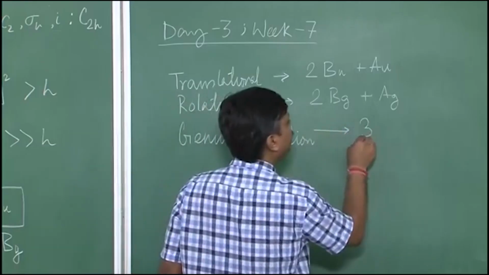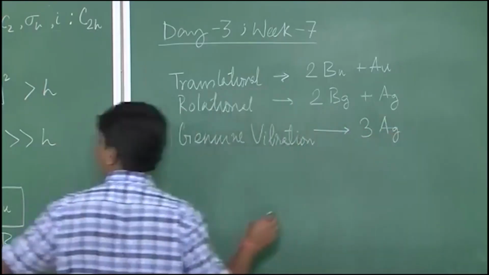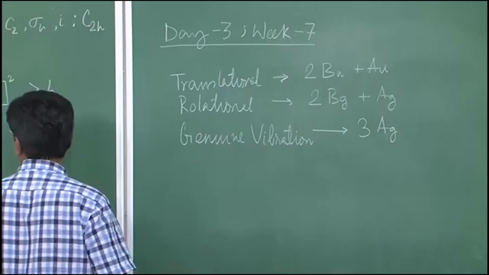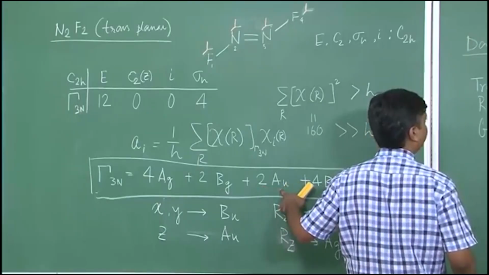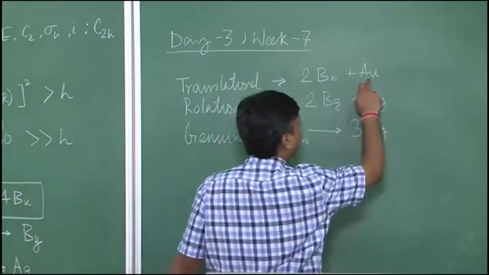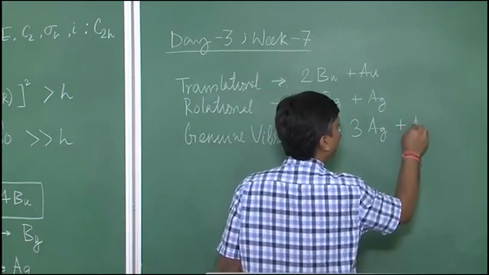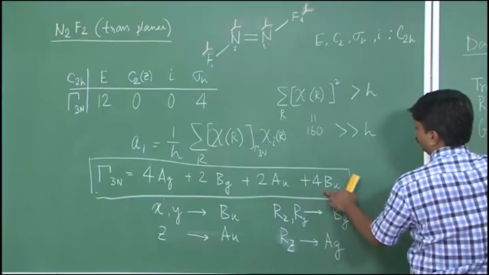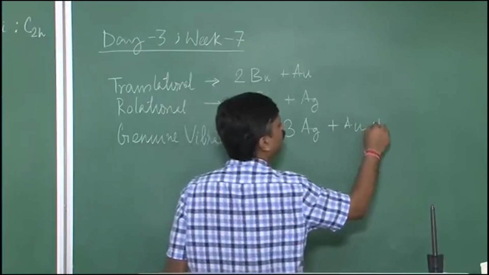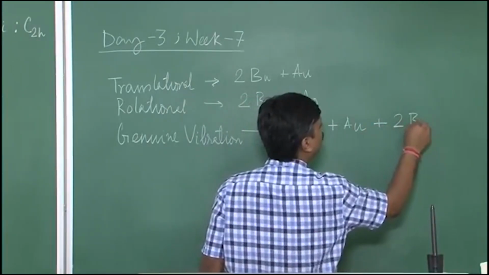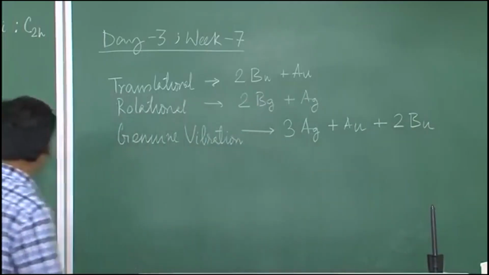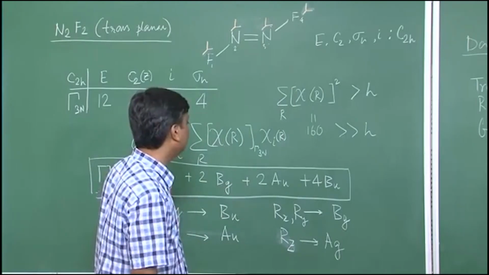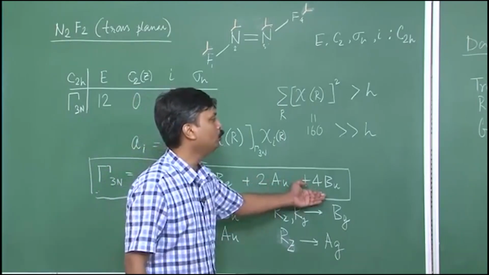So I have 3 Ag. I have 2 Bg here, so Bg doesn't occur in the final vibrational modes. And then I have 2 Au, so I have 1 Au here, I remove one contribution. So I have 1 Au. And then I have 4 Bu here, so if I subtract 2 from these 4 Bu, I am left with 2 Bu, correct? So let's cross check. I have got 3 Ag and 1 Au and 2 Bu, fine.